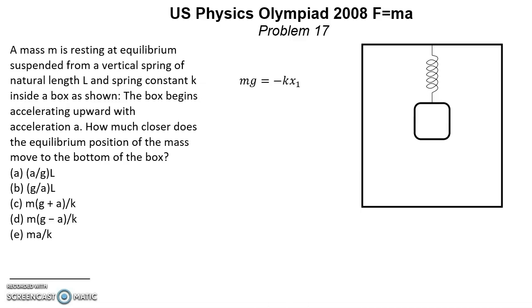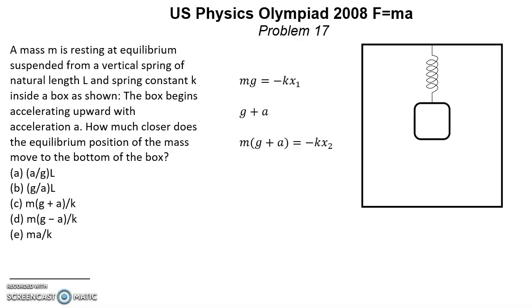In this frame we have an additional fictitious force, like additional force of gravity acting on all bodies. So it means that we can replace gravity acceleration g with g plus a. In that case, the new equation for the equilibrium position will be this one.